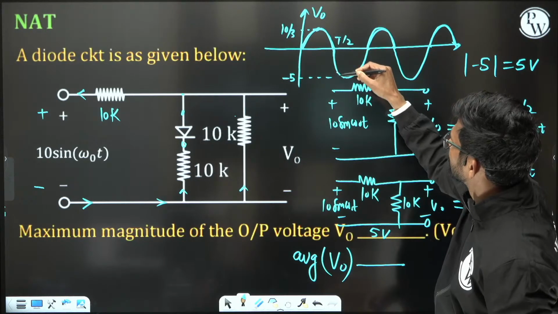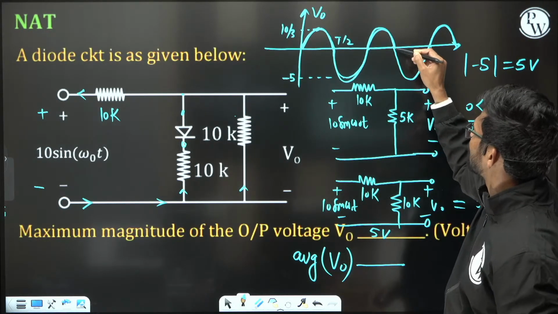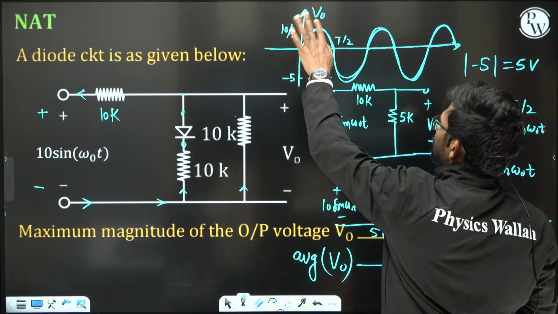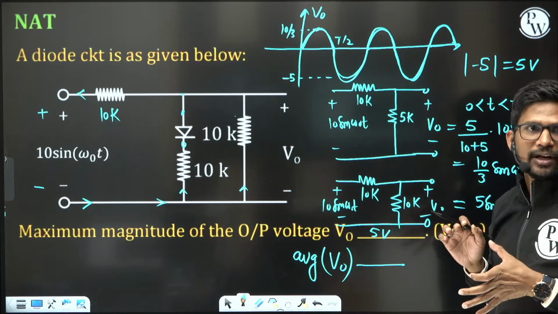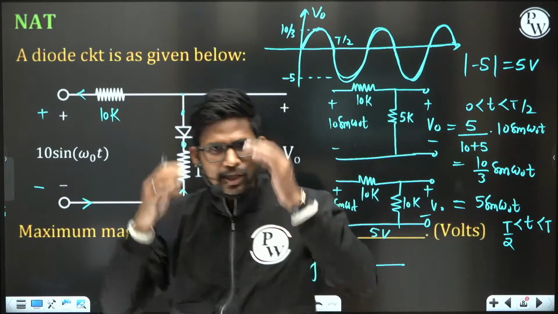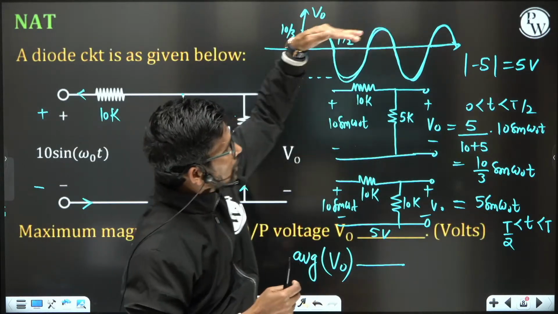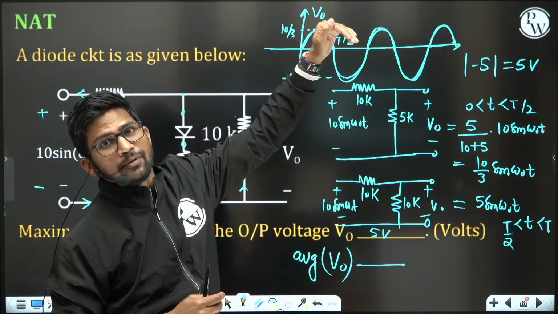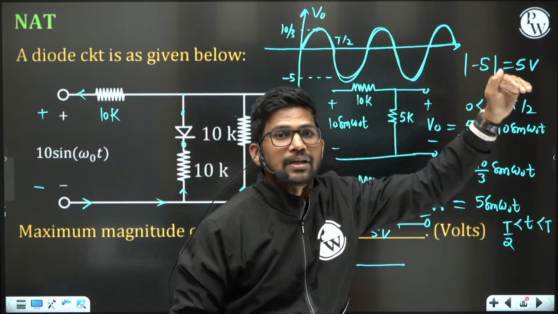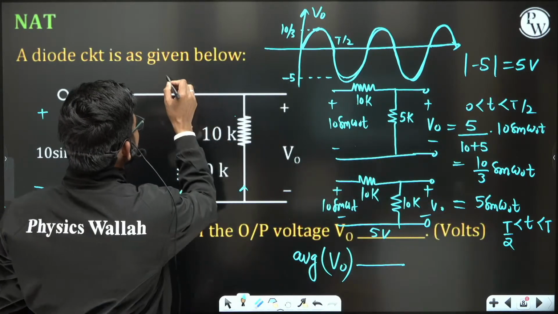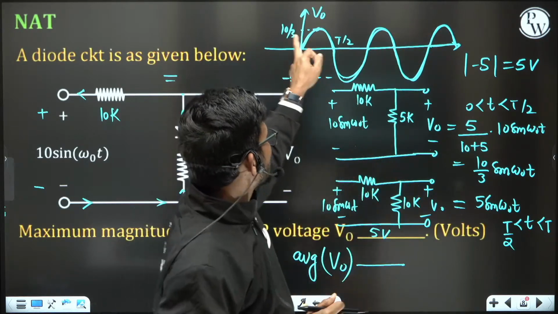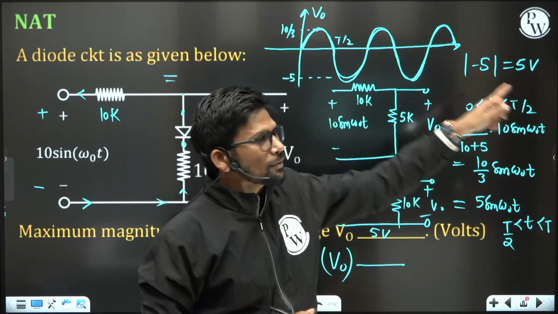This, then 0 for the next half cycle, then this, then 0 for the next half cycle, then this. So the summation of these two half wave rectified waveforms will be equal to this waveform. You can imagine, in the upper half there is a positive half wave rectified waveform, and in the lower half there is a negative half wave rectified waveform, and the summation of these two waveforms is equal to this waveform.